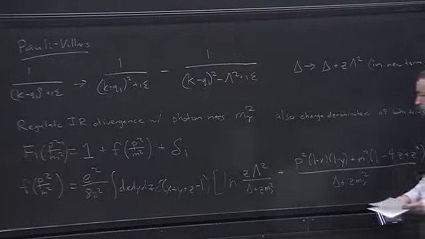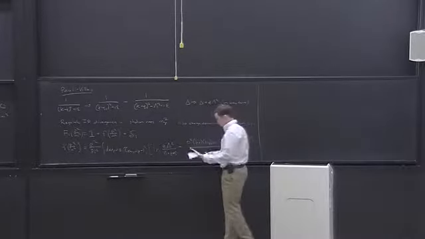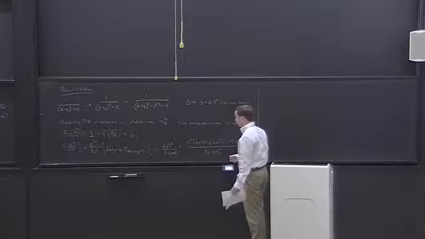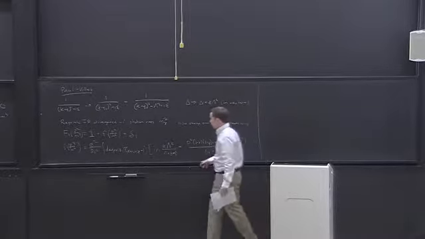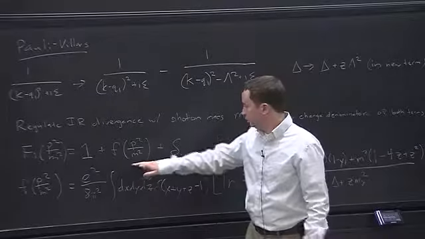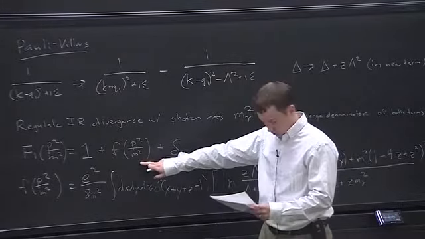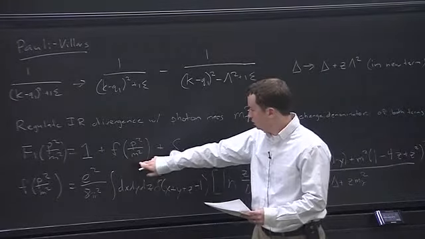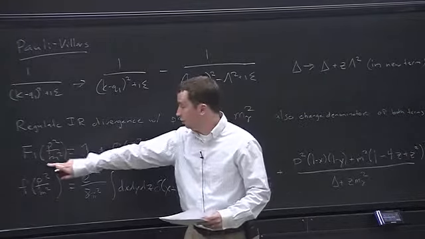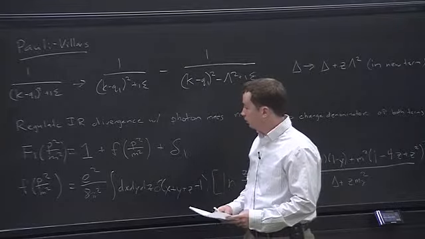And so we can fix the counter term by demanding that big F of 0 is 1.